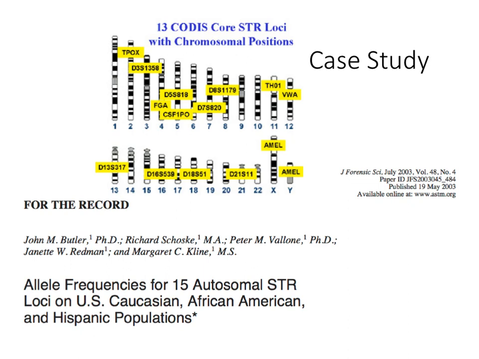Oh man, boring. The title of this is Allele Frequencies for 15 Autosomal STR Loci on U.S. Caucasian, African American, and Hispanic Populations. Basically, this paper is the Bible of DNA fingerprinting, like crime scene analysis.